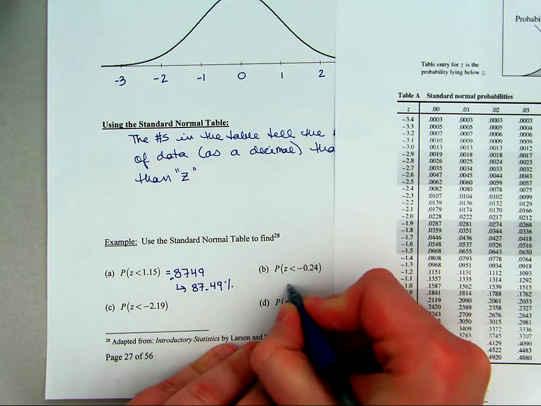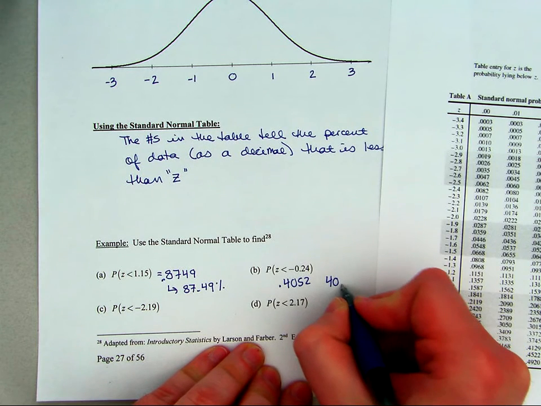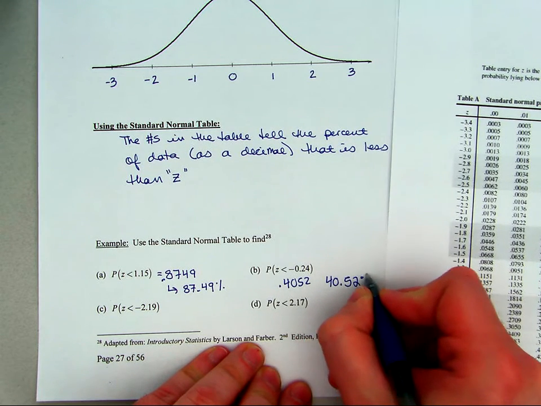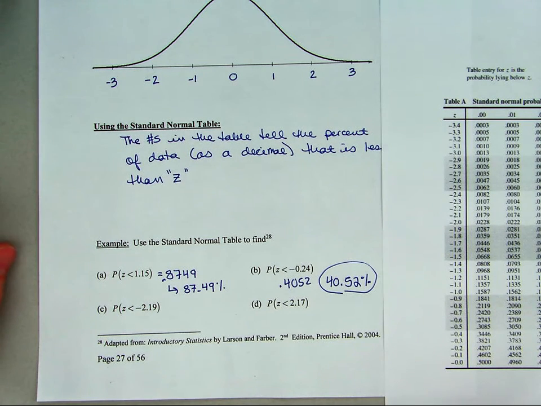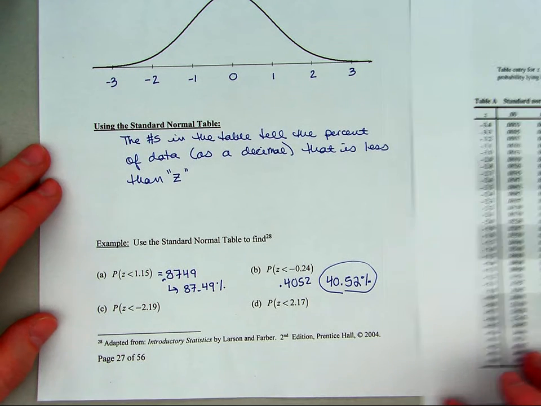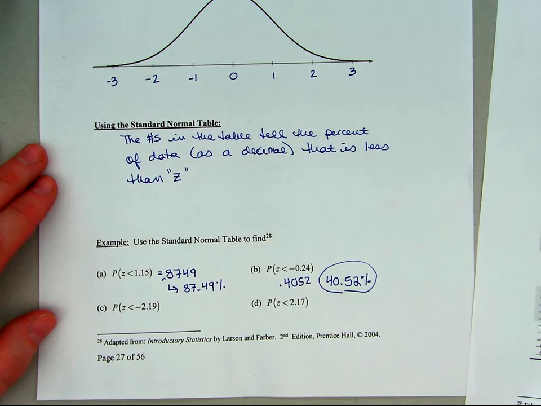Let me write that down, which is telling me that 40.52% of my data has a z-value less than -0.24. I'd like you to take a moment right now and see if you can do letters C and D on your own.